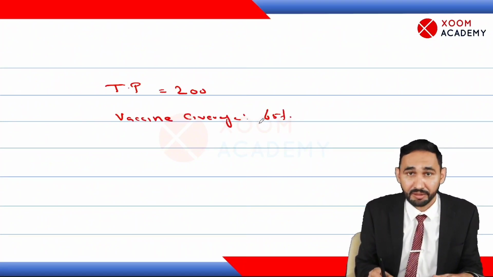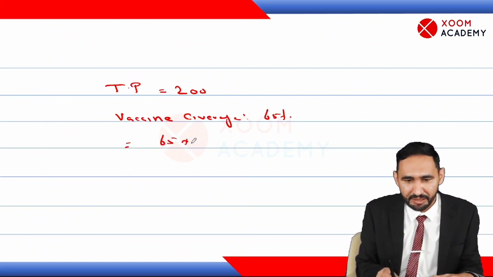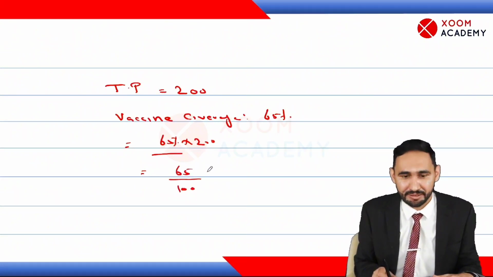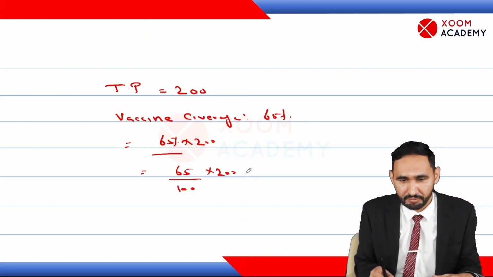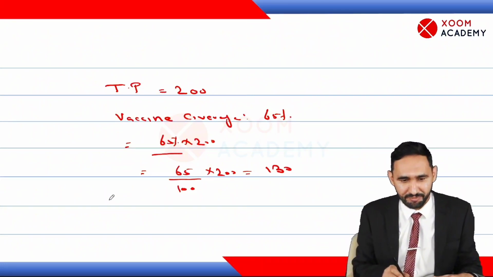65%. So we have to exclude them. How will we calculate them? 65% multiplied by the total population. When we remove the percentage, we divide 65 by 100. Our answer will be 130. 130 children are immunized. So total population is 200.